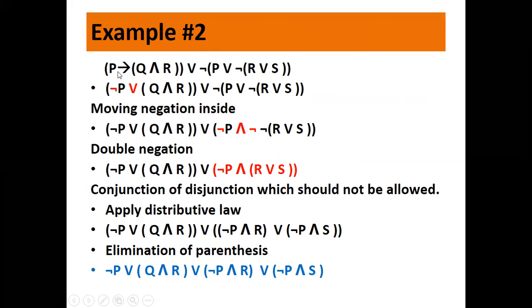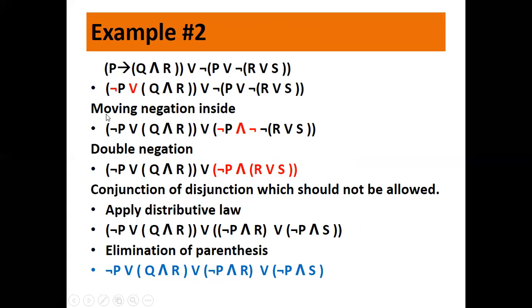The first thing to remove is the implication connective, which will be replaced by a negation and an or operator. The rest of the things remain the same. So we remove the implication connective and it is replaced by negation and an or operator.